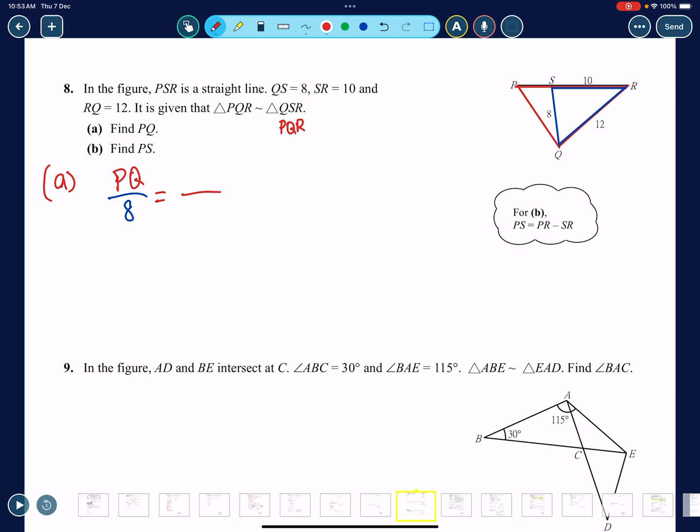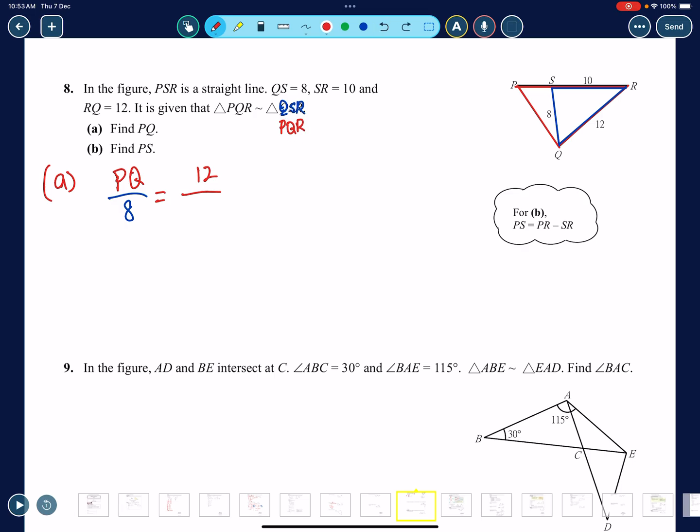We gotta get another side for the red triangle, right? QSR is blue. For the red triangle, I can get 12 here. I cannot get 10 because 10 is not the whole side. So I have to get the 12 there. 12 for the red triangle QR.